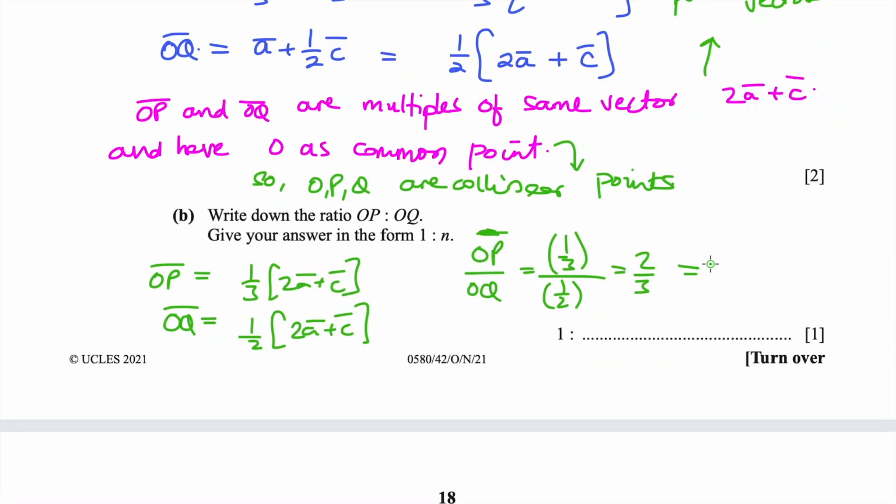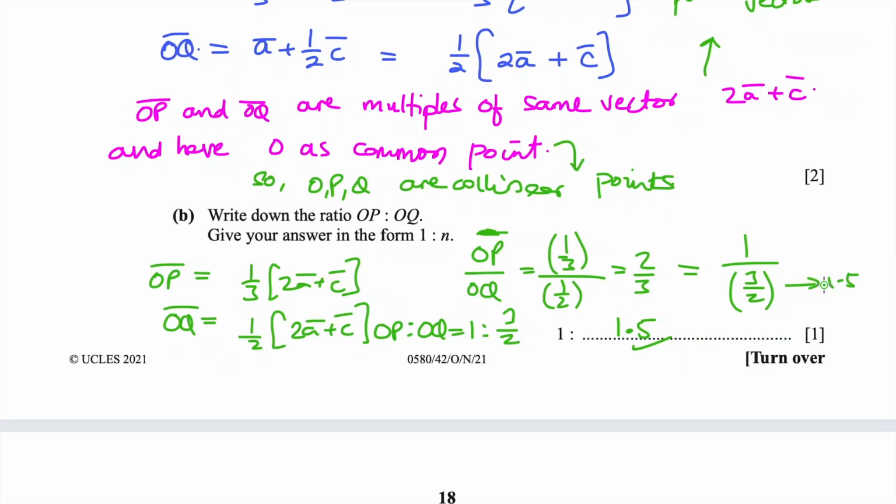And this 2 by 3 we can write as 1 by 3 by 2. So therefore OP is to OQ is equal to 1 is to 3 by 2, and the ratio is 1 is to 1.5. Okay, so 3 by 2 is nothing but 1.5 and so the final answer is 1 is to 1.5.